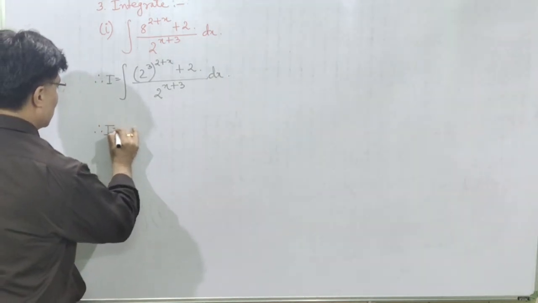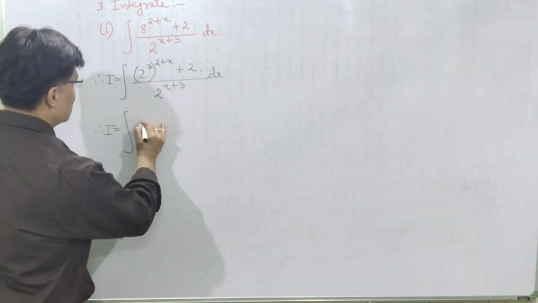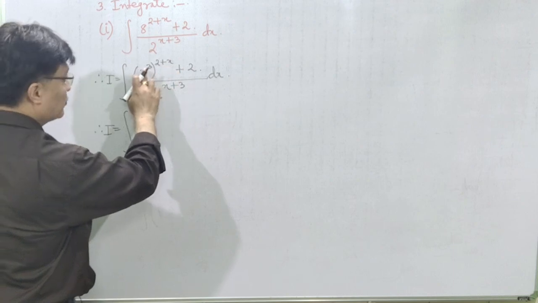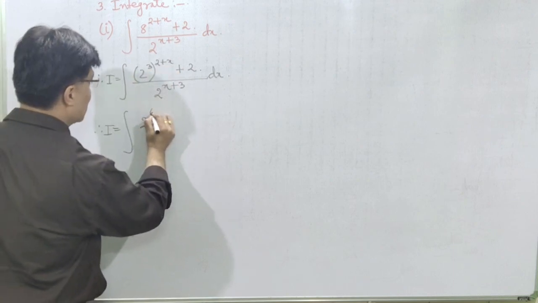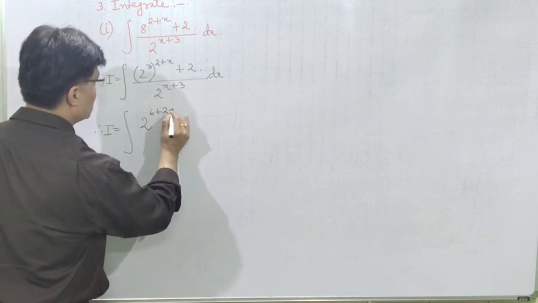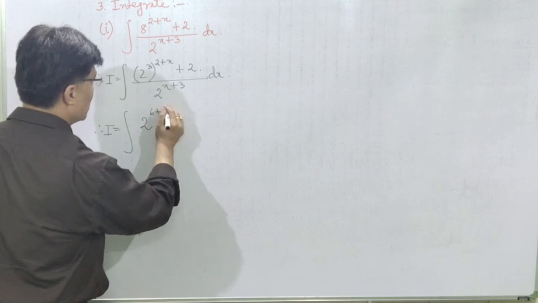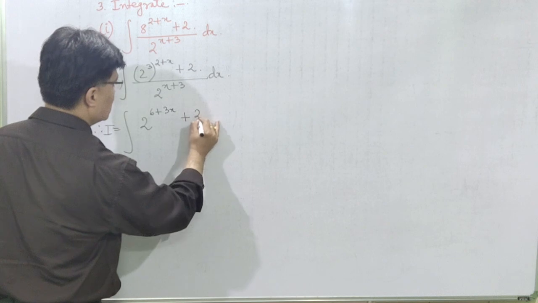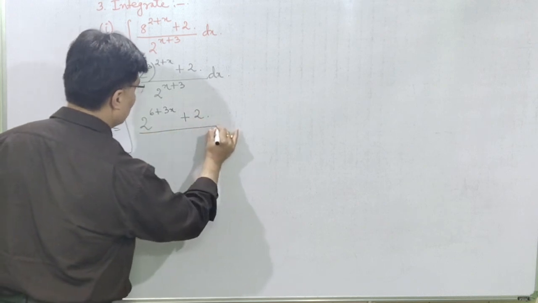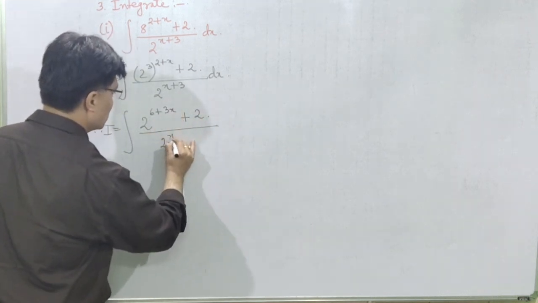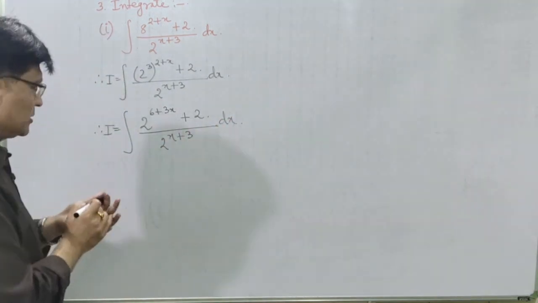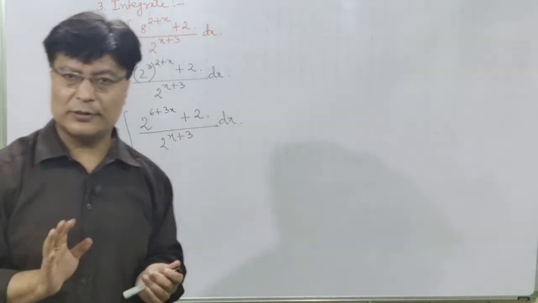Therefore I is equal to integration of 2 to the power, you can multiply these two powers, 3 into 2 plus x, that is 6 plus 3x, plus 2, this whole divided by 2 to the power x plus 3, dx.